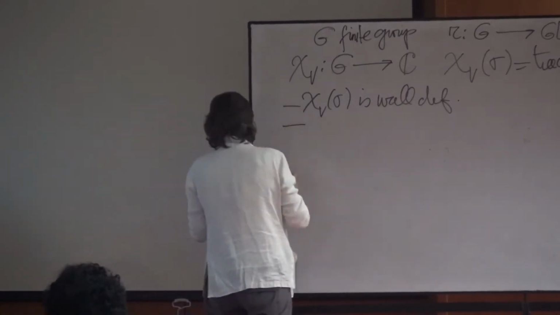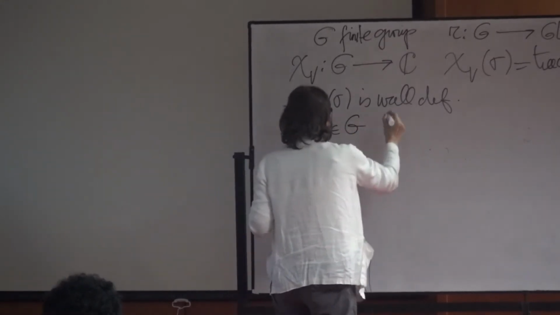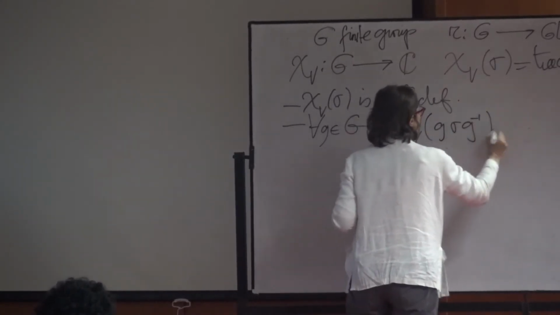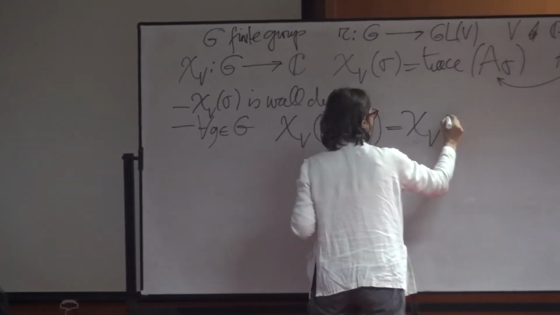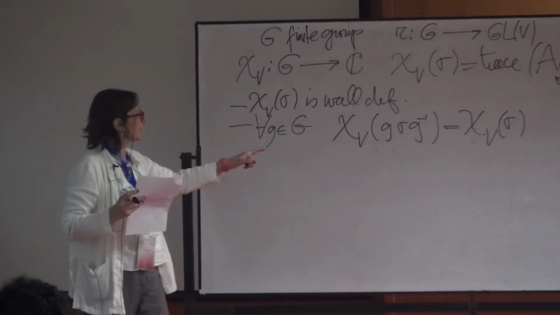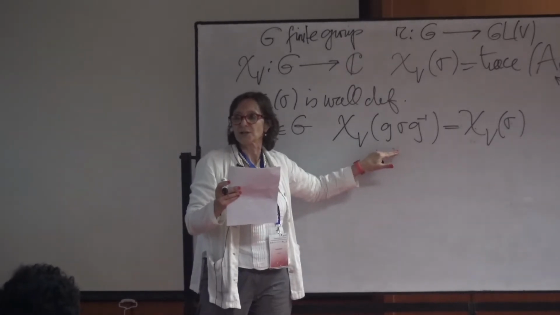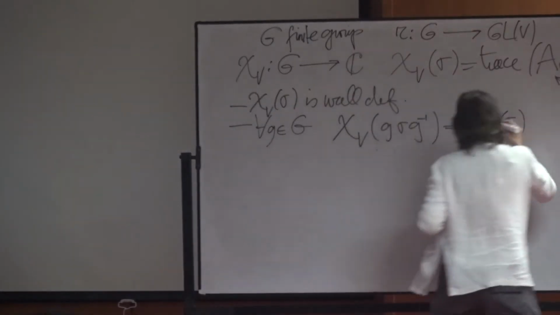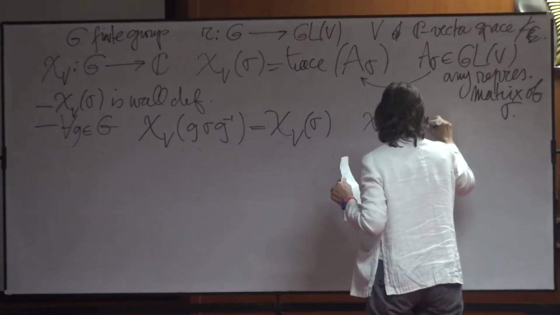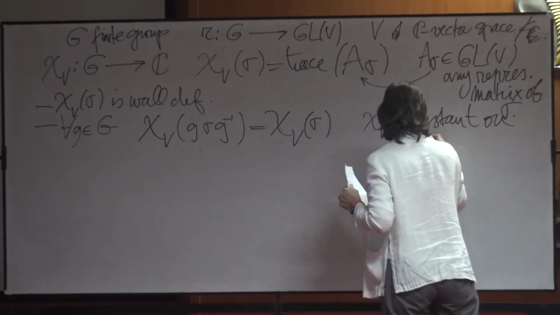And another property is that for every g in G, chi V of g sigma g minus 1 is equal to chi V of sigma. What does this mean? This means that this function is constant on conjugacy classes of G. So chi V is constant on the conjugacy classes of G.